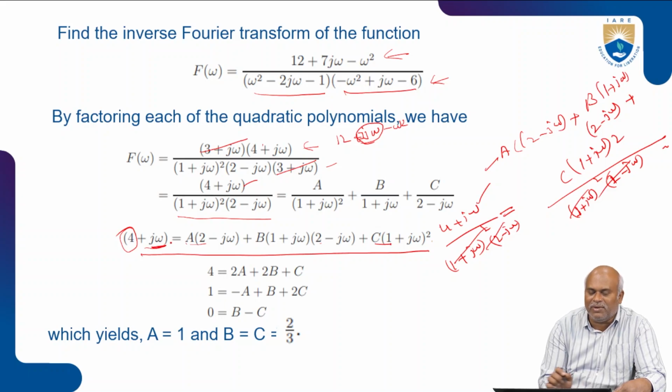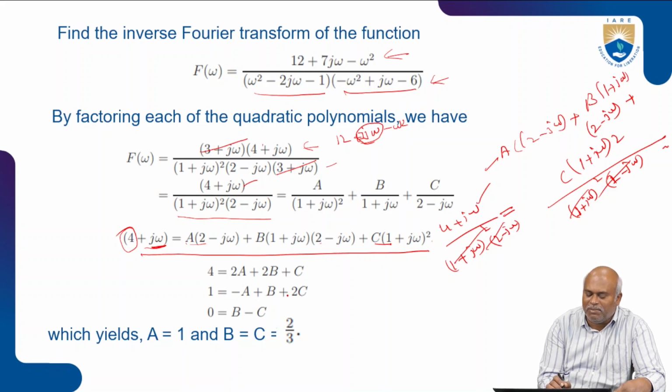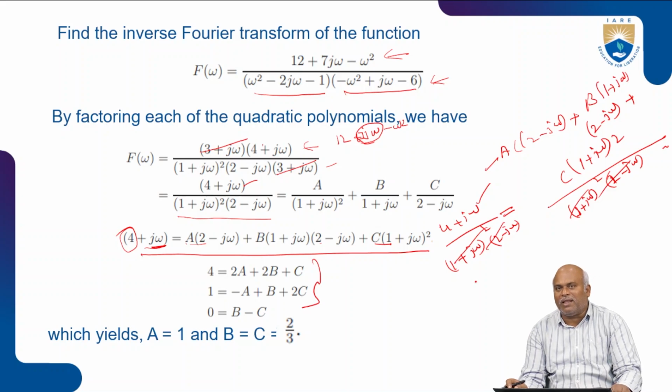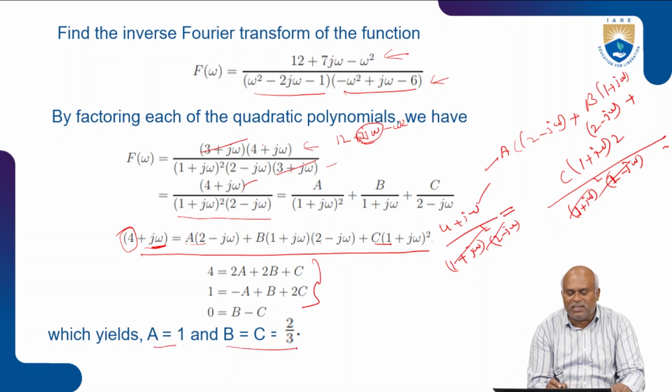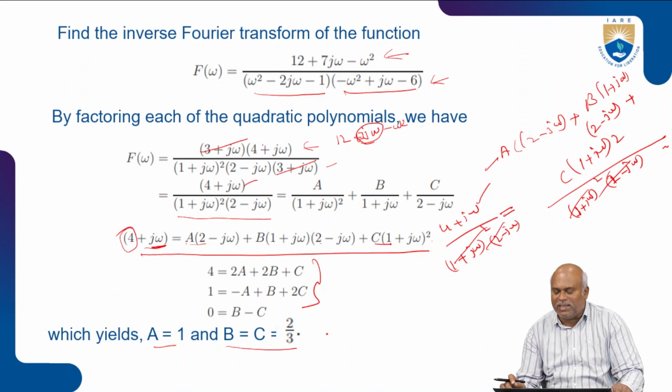Taking the j term, the j term is 1 equal to -A + B + 2C. Then for the 0 term, where there is no number, 0 is equal to B - C. Based on these, I find A, B, C. The A value is equal to 1, and the B and C values are equal to 2 by 3.